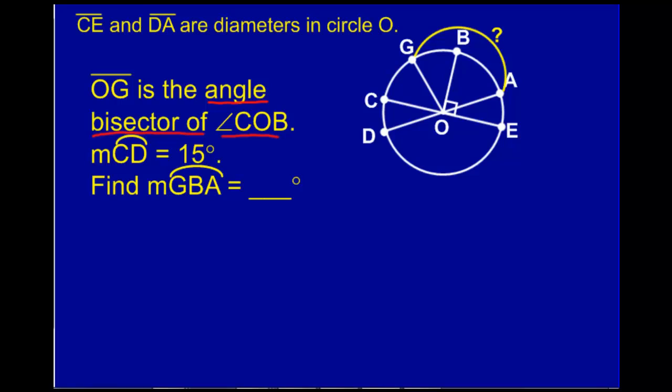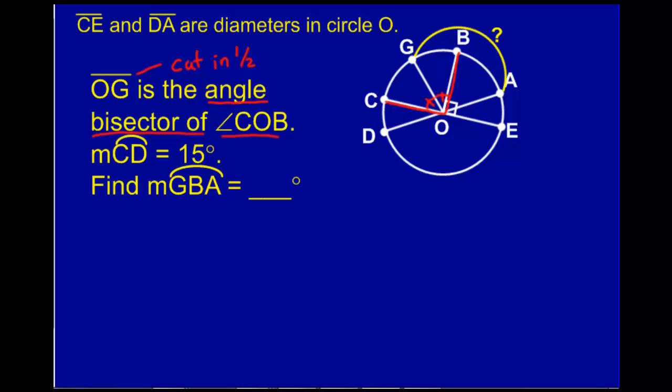So we have angle COB, and OG is the angle bisector. When something is being bisected, that's cut in half, or creates two congruent angles. So those angles there are going to be the same.